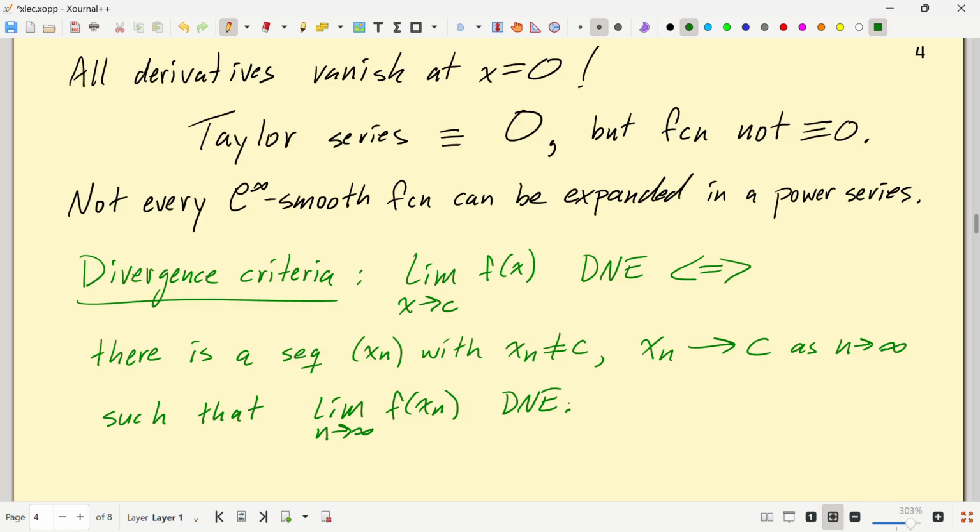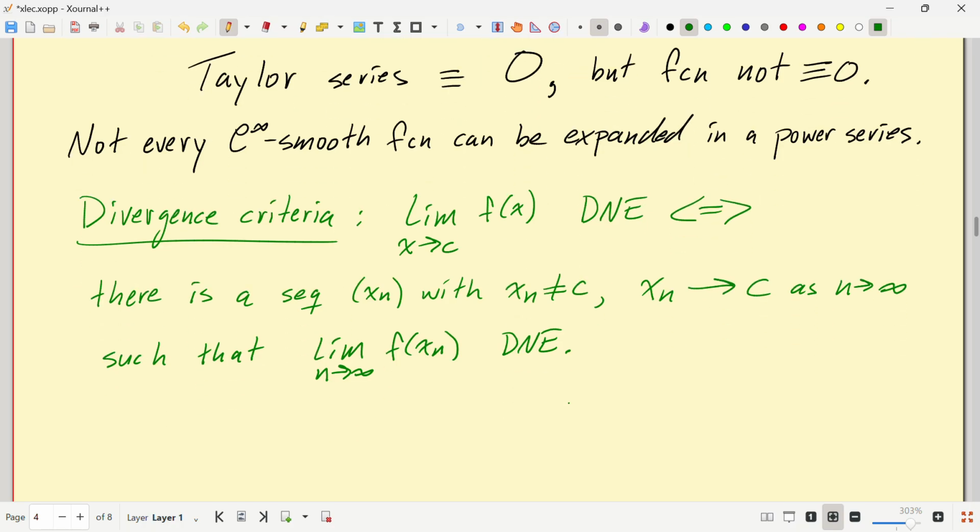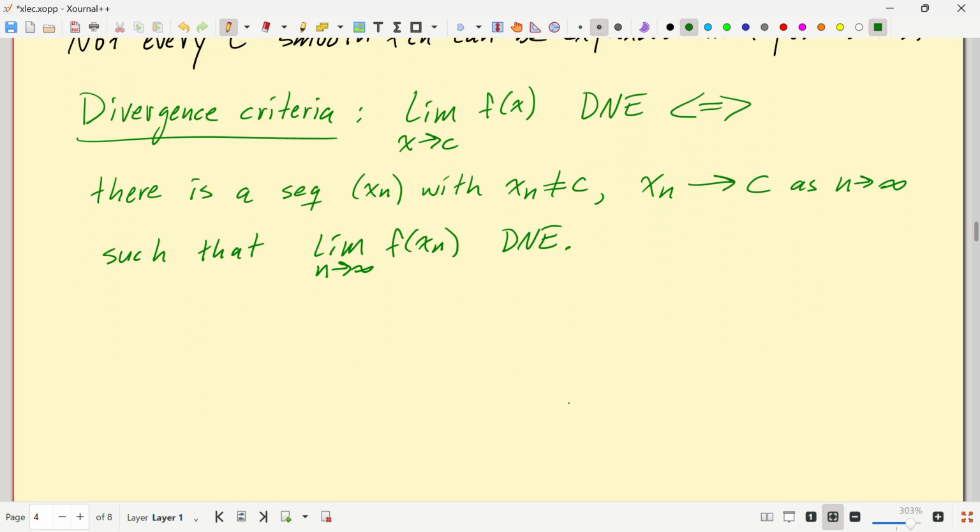And that's what I used above. I could have taken those sequences and sort of merged them together. Let's see, I should maybe say my example of sine 1 over x.